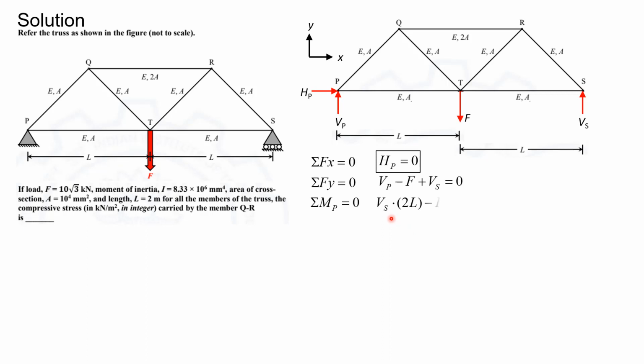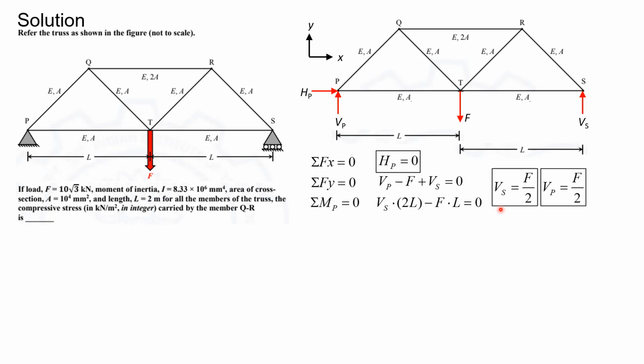Consequently, Vs into 2L is an anti-clockwise moment which is positive, minus FL is a clockwise moment which is negative, equals 0. And from here, we get that Vs is F by 2. Substituting this value into this equation, we get Vp equaling F by 2. It is to be noted that we need not necessarily go by first principles every time.